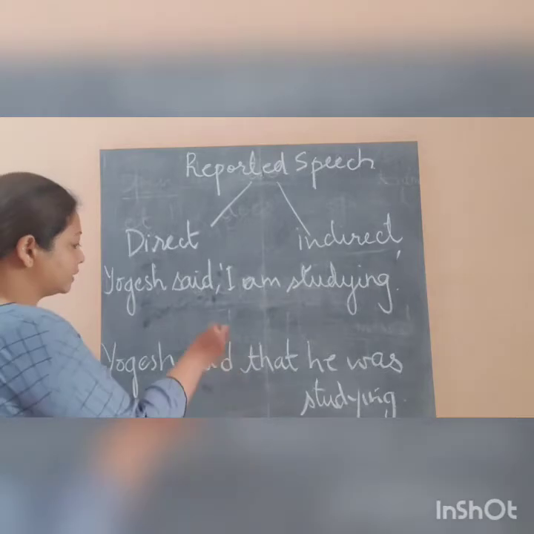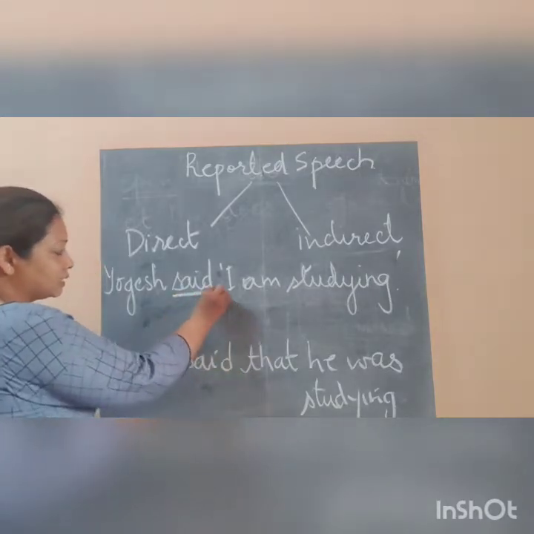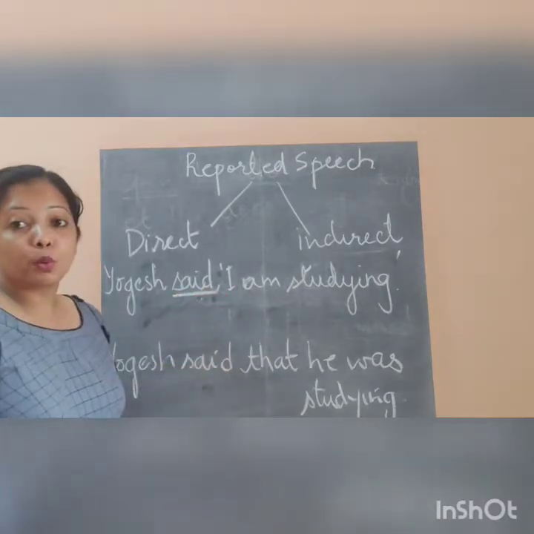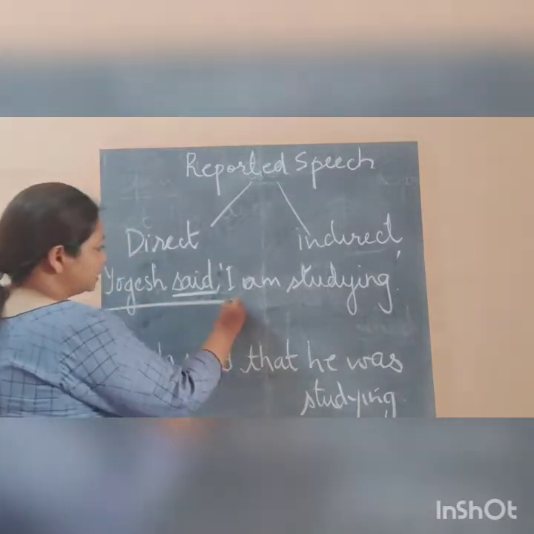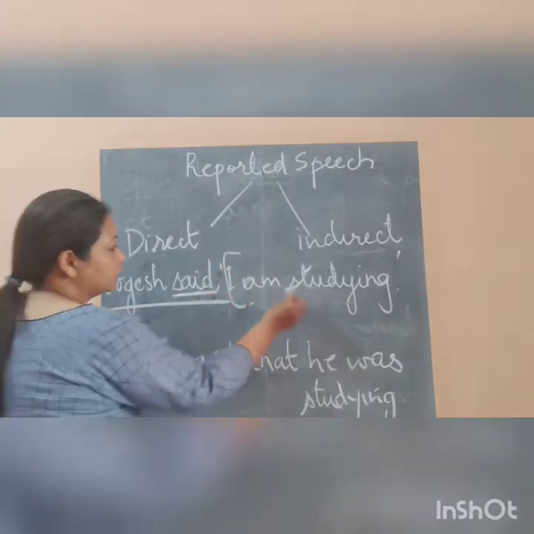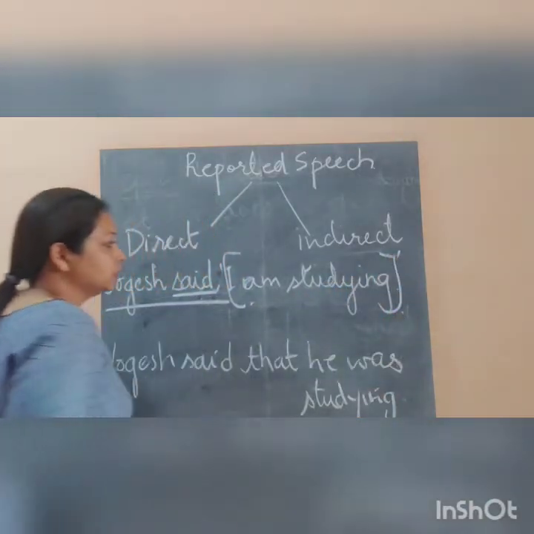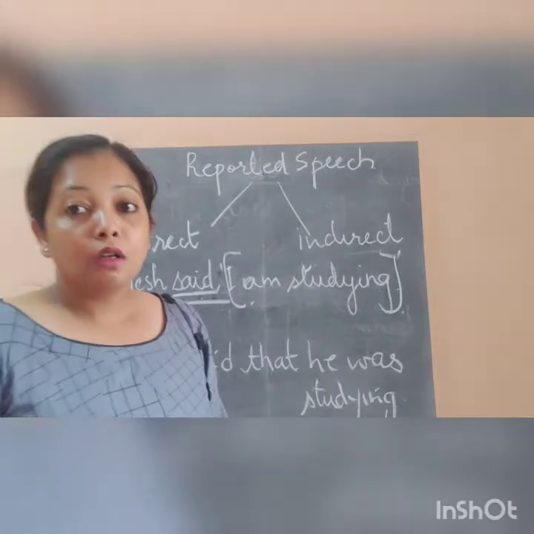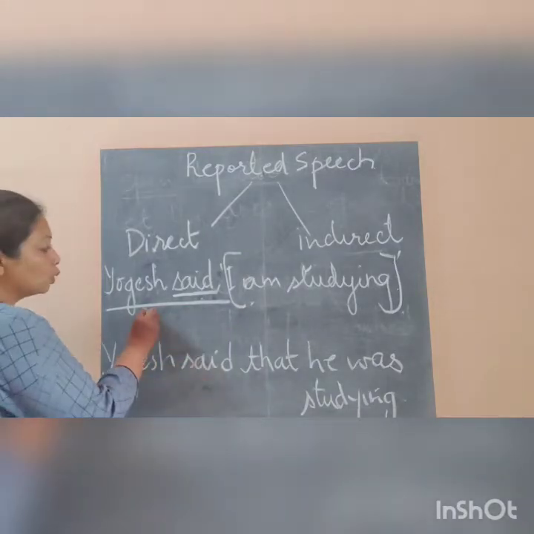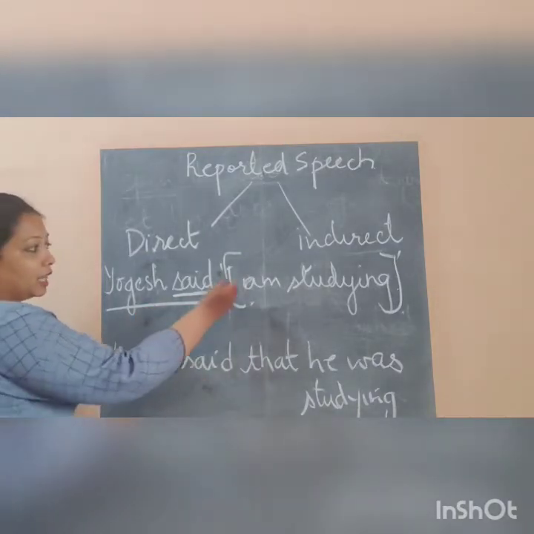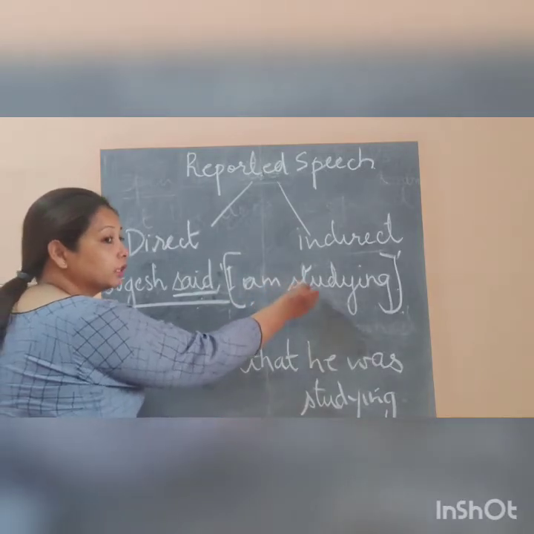So in this you know that the word said is the reporting verb. Now when we talk about this part of the sentence and this part of the sentence, this is the reporting speech and this is the reported speech.